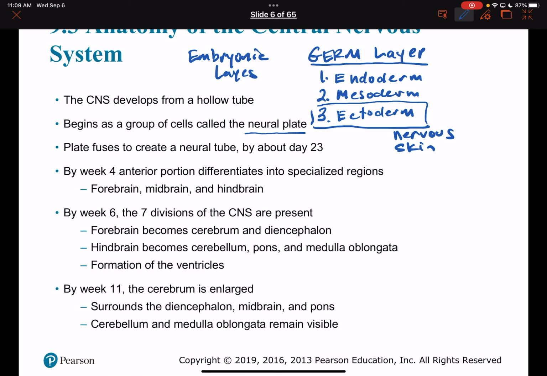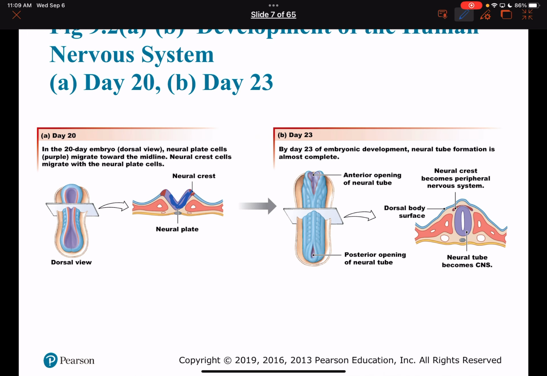Here's what our neural plate does. Consider this all the ectoderm. And all we do is fold our ectoderm like this, and now we're starting to create our neural plate. And eventually this will grow into our central nervous system. So we go from neural plate into a neural tube. Let's look at that picture. There's our neural plate, and then we kind of fold it up on itself, and the inside of this becomes the neural tube.